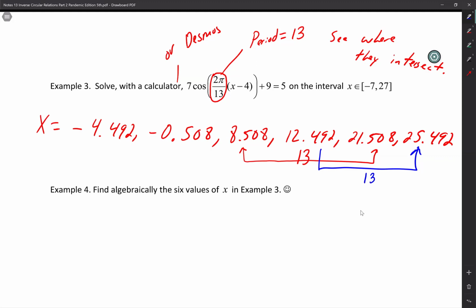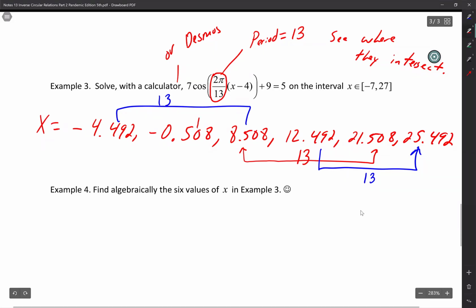There's a reason why that number keeps popping up. By the way, it comes up again, right? Look, the difference between negative 4.492 and 8.508, that's also 13. And the difference between negative 0.508 and 12.492, that's also 13. The reason why it keeps popping out is because the period is 13.